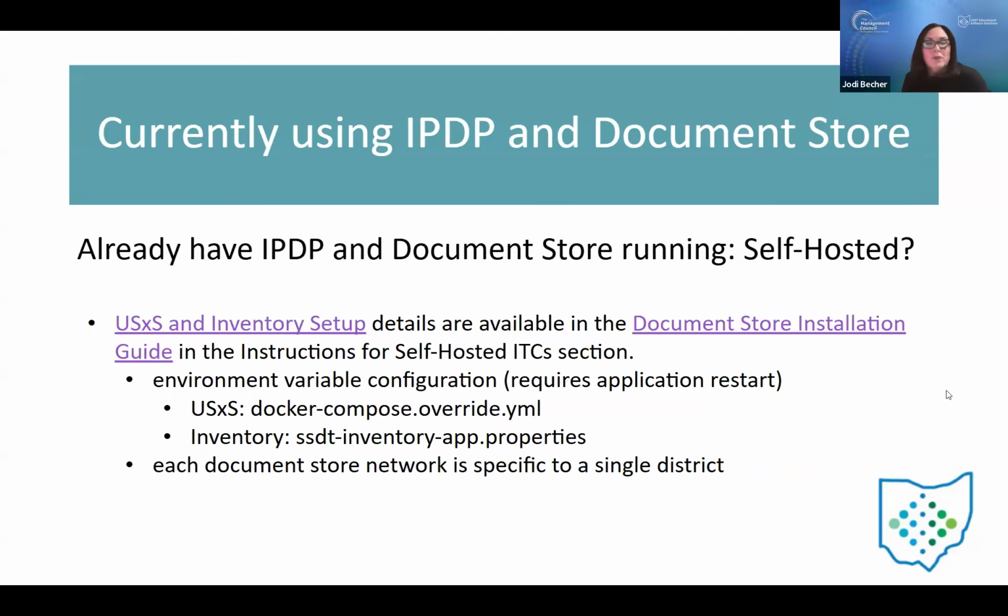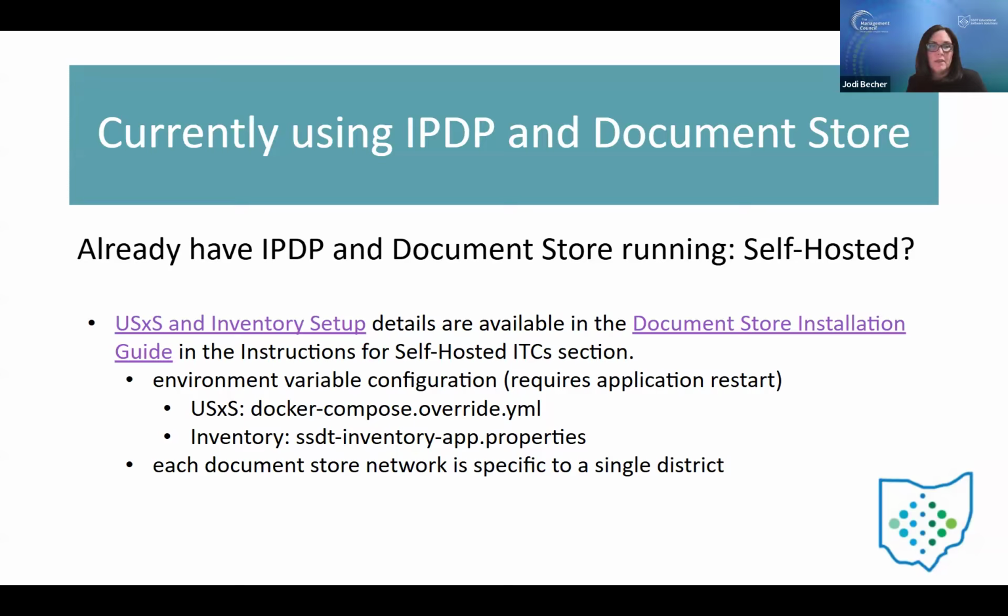All right. For the self-hosted ITCs, there is a section in the document store installation guide under the instructions for self-hosted ITCs that details the USAC payroll and inventory setup. So you'll want to see that information. If you're already using document store with Ippy Dippy at your ITC and you're literally just adding USAC payroll and inventory to that, there's some environment variable configuration, which does require application restart.